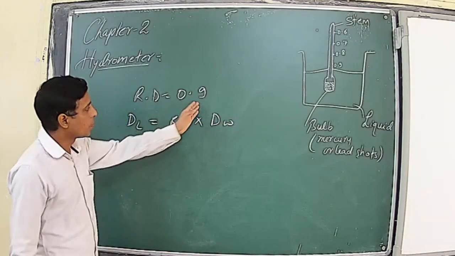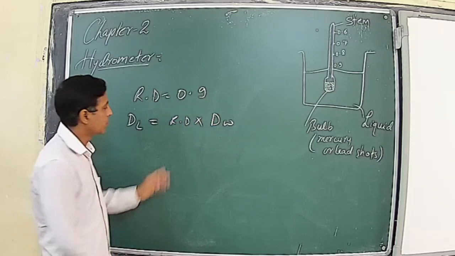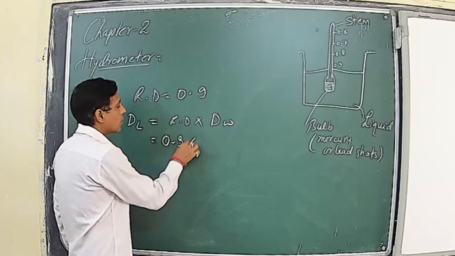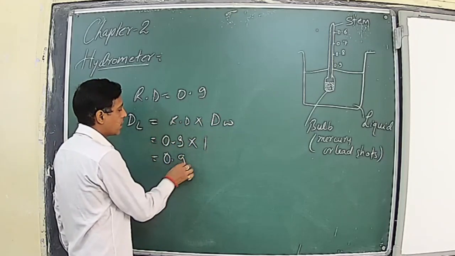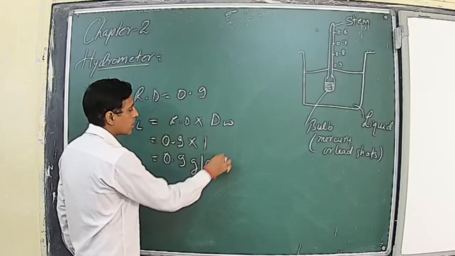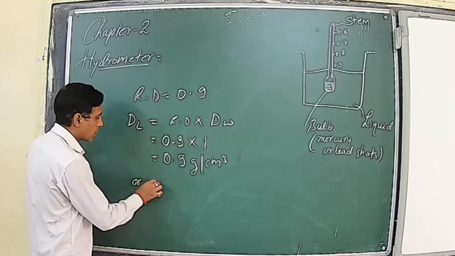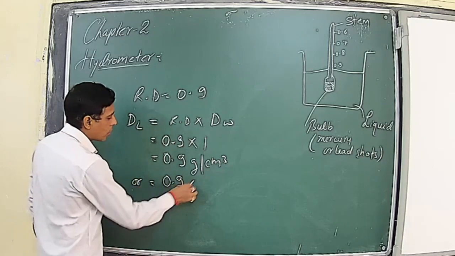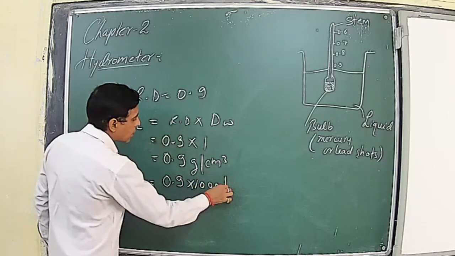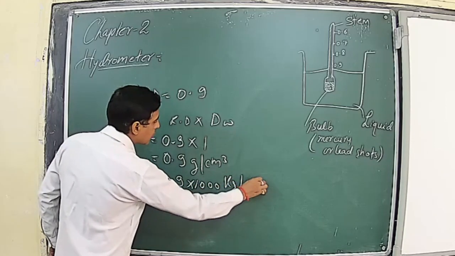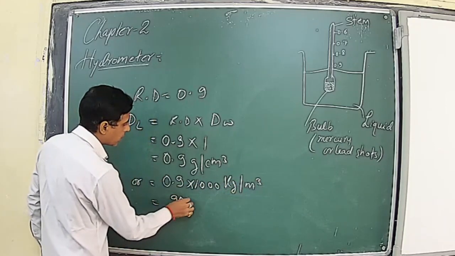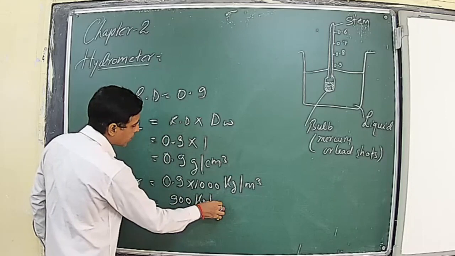That is 0.9 into 1, you will get 0.9 grams per cubic centimeter, and if we have to convert into SI unit, then we will multiply it by 1000. So now it is in kilograms per cubic meter, that is 900 kilograms per cubic meter.